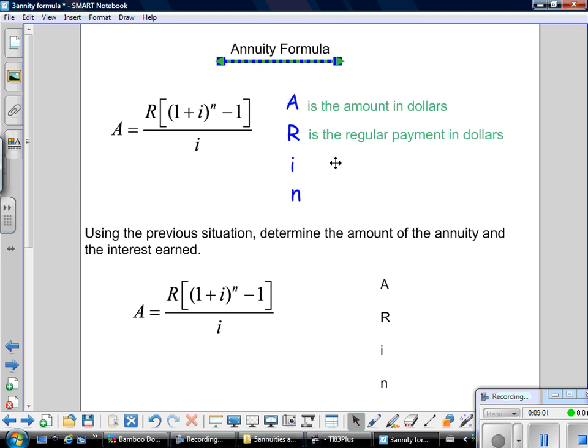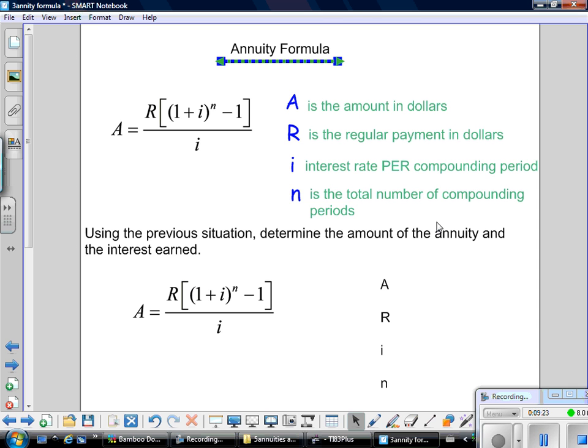So that's our regular deposit that we're putting in. And it has to be, in this case, 450 each time. Or if you're just doing $100, it has to be $100 each time. You can't change the amount. I is our interest rate, again, per compounding period, so we have to divide, and N is the total number of compounding periods.